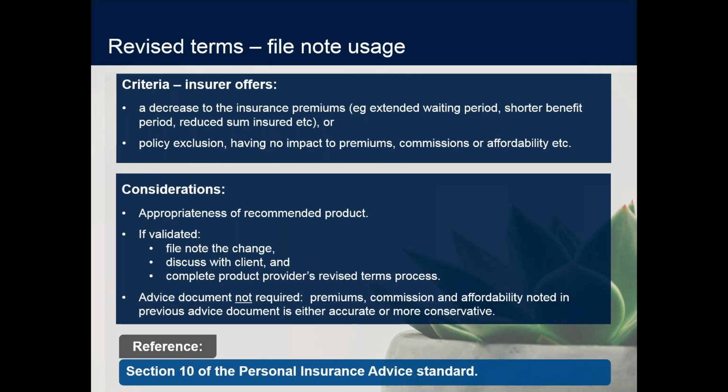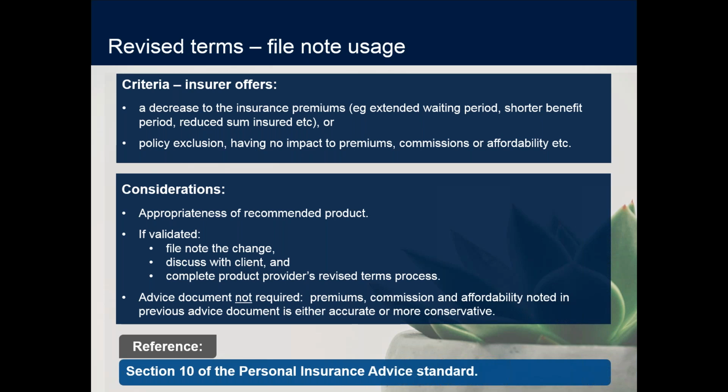We might go back and have a look at other products that we looked at from an alternative products perspective and assess maybe some of the underwriters. We might ring them and see if there are other products that may be able to offer a better outcome from underwriting. Where we've done that, and we've determined that the product with these revised terms is still the appropriate product for the client, once we've validated that, three things then need to happen.